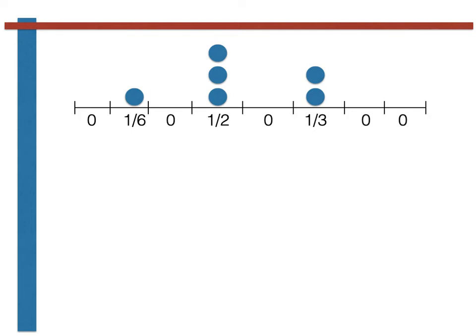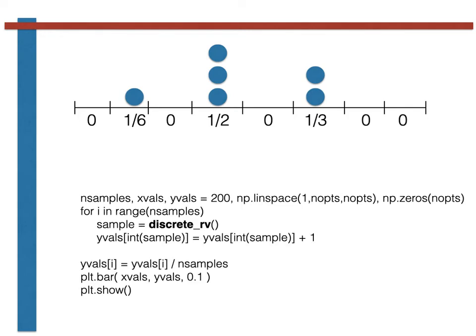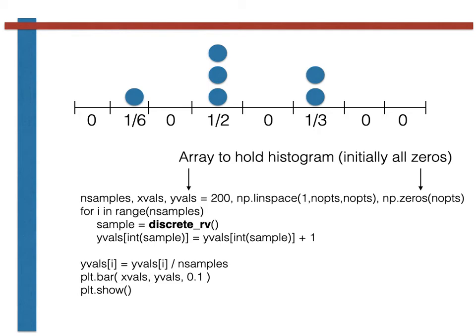To complete this procedure in Python, we would write a program such as the one that's shown here. In this program, yvals is the array that will hold our final estimate of the histogram. As you can see, it is initially set equal to 0 here. We then have a loop that generates all n samples of our random variable here.